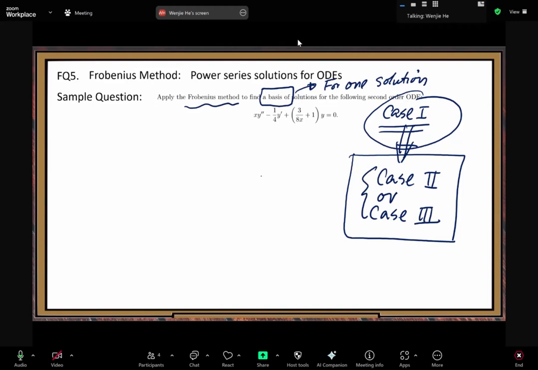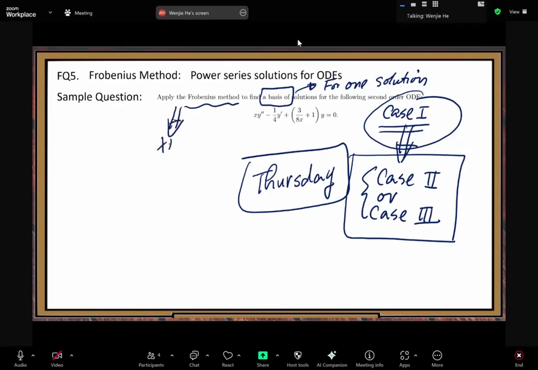On Thursday we will know the detail of this sample question. Here I put this temporarily, as a temporary example. If I can find a good sample question, I will replace it in our Thursday's class.